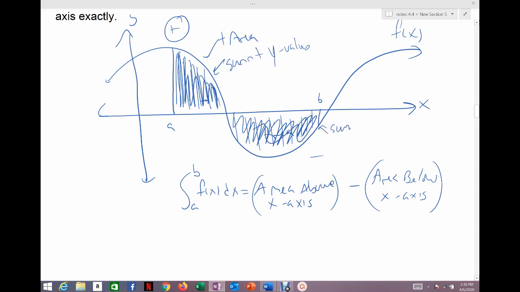This would be the sum of my negative y values. So I'd be accumulating the positive, the area above, and then accumulating the negative, which is the area below. And so again, there's a subtraction to it, which could come out positive or negative. Those are the two different cases that we have.